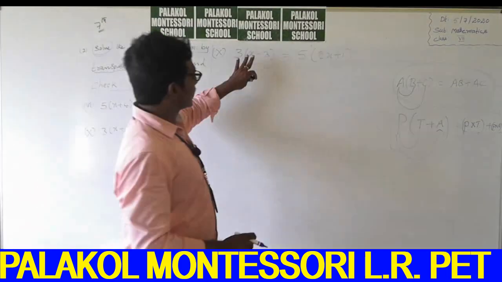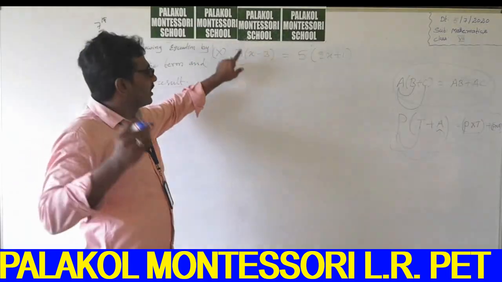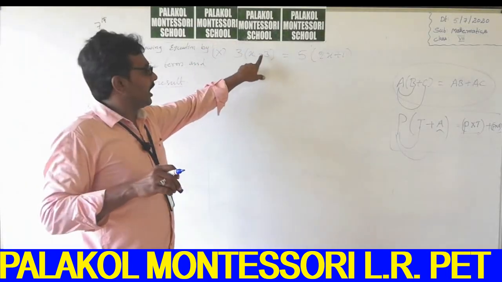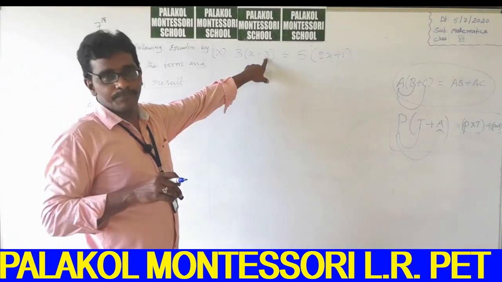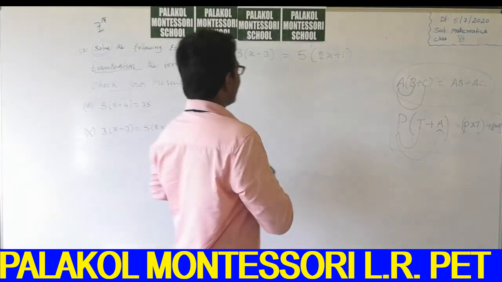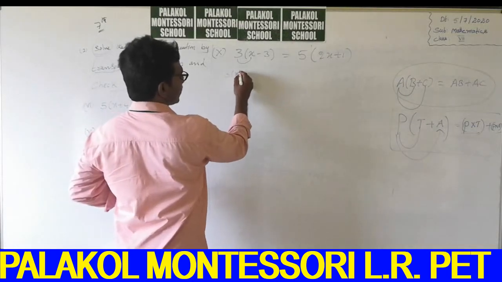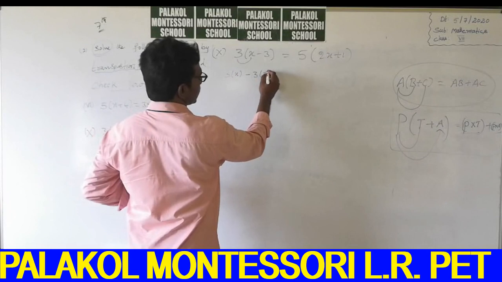The same logic applies here. Suppose 3 is Prabhas, x is Tamanna, and in this case 3 is Anushka. You apply this formula: 3 of x minus 3 of 3.